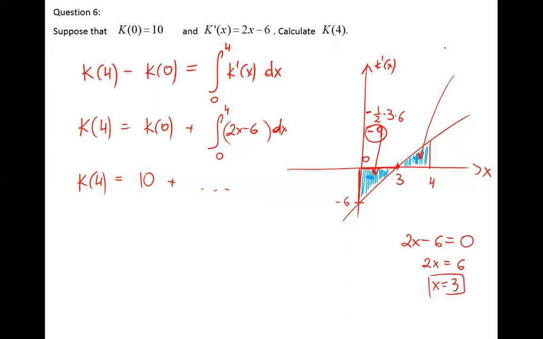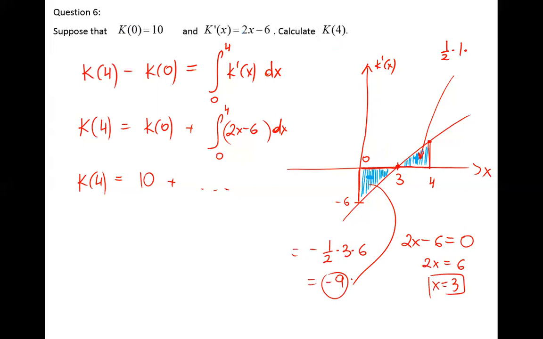And this one is also a triangle, 1/2 times base. The distance from 3 to 4 is 1, and now I need this value.